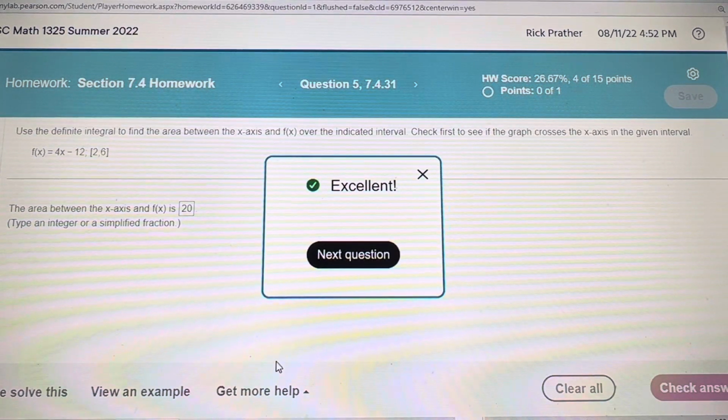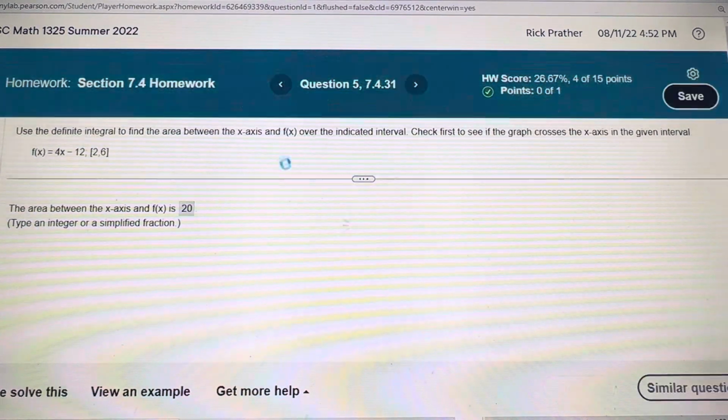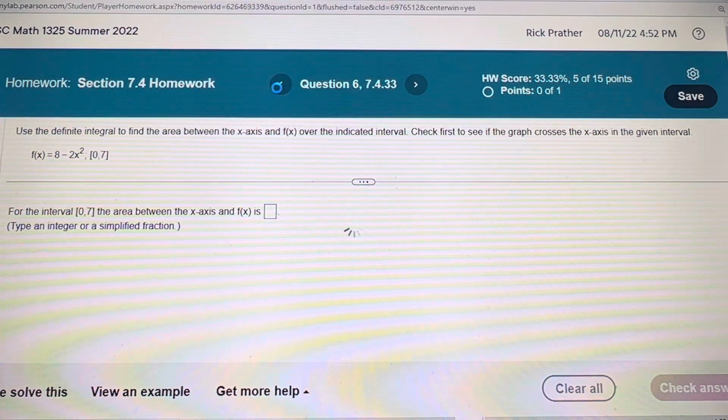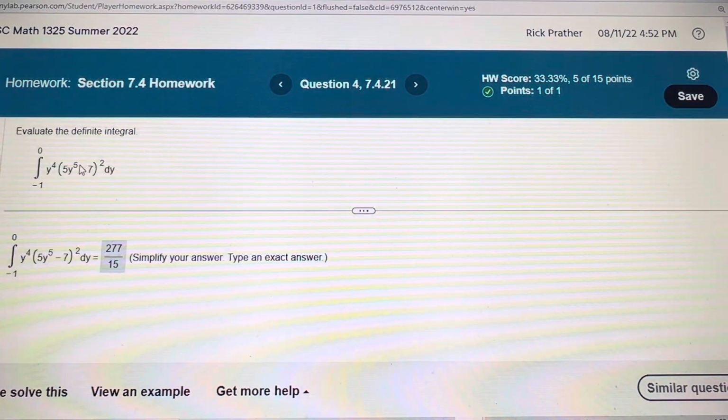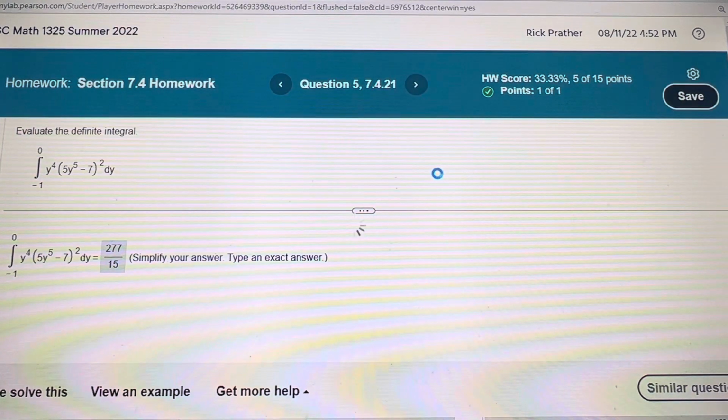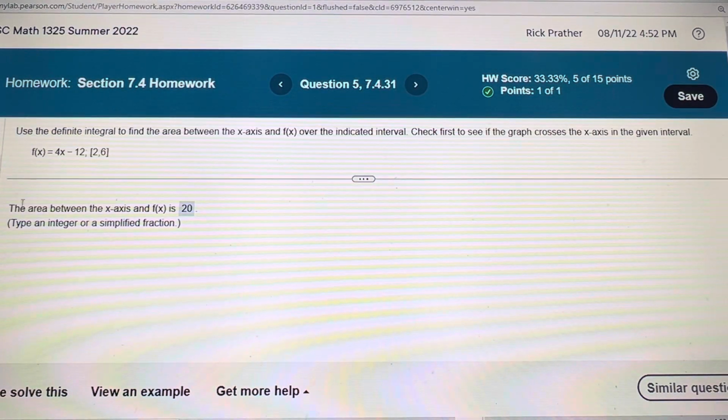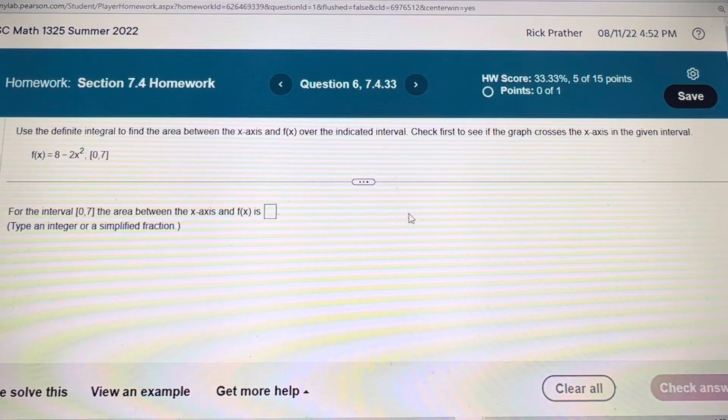But if they just put a problem like 1 through 4, if it just looked like this, then you would just do it and you would get 16 for the answer. Then it's okay if part of the graph is below the x-axis. But here, once it's about area, then you got to worry about above and below parts of the x-axis.